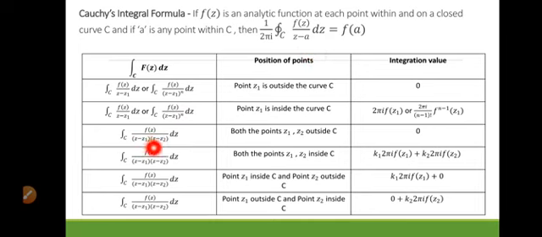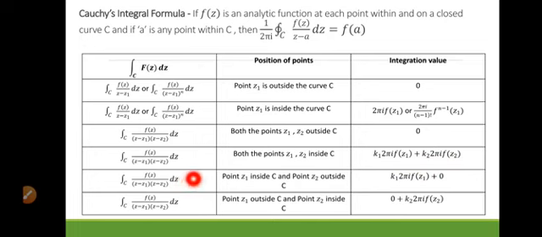If there are 2 points, that is, the denominator is a product of two linear factors (z minus z1) and (z minus z2), and both points z1 and z2 lie outside the curve C, then the integration value is 0. But if both points lie inside the curve C, the integration exists and it is equal to some constant multiplier k1 into 2 pi i f(z1) plus some other constant multiplier k2 into 2 pi i f(z2).